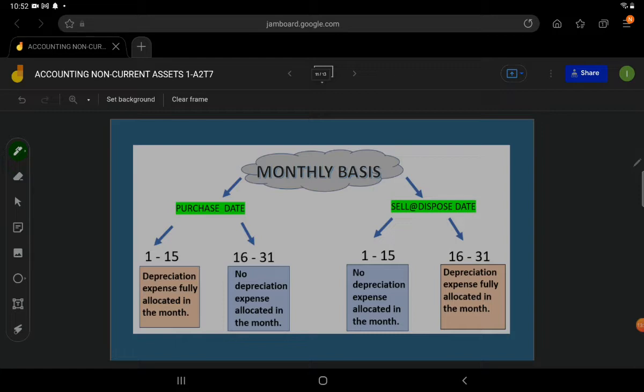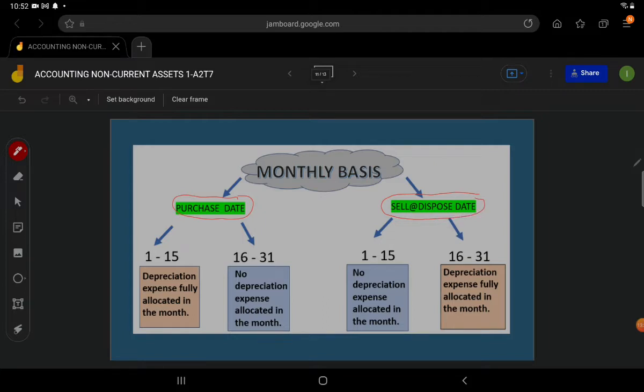First, monthly basis. Alright, monthly basis. Okay, bila asas bulanan yang digunakan, kita lihat kepada tarikh pembelian aset tersebut dan juga tarikh jualan atau pelupusan aset tersebut.